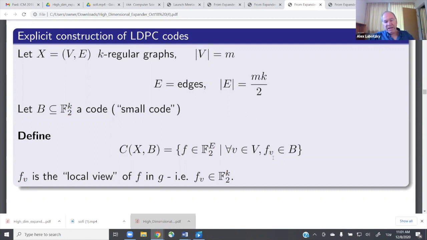Just do it once, and then look at all the functions such that the local view from V of F is in B. Sorry, not G here, the little G should be B. You look at all those functions which are defined globally, but you want that locally they are inside the fixed small code B. This will be called C(X,B).